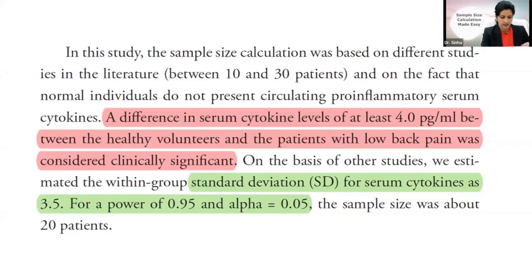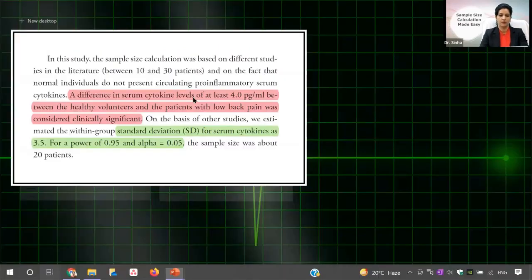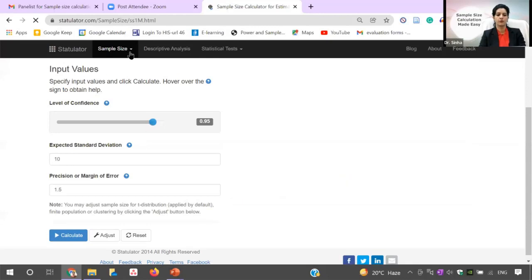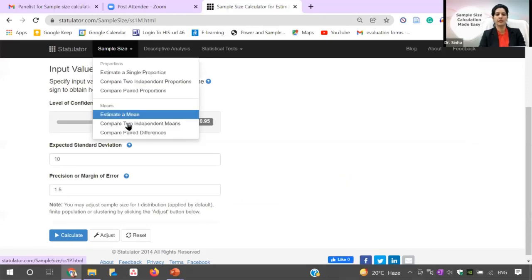So now let's see this. The difference was 4 picogram and the standard deviation is 3.5. With these two values, I'll reset this, and I have to use the sample size for 2 independent means.